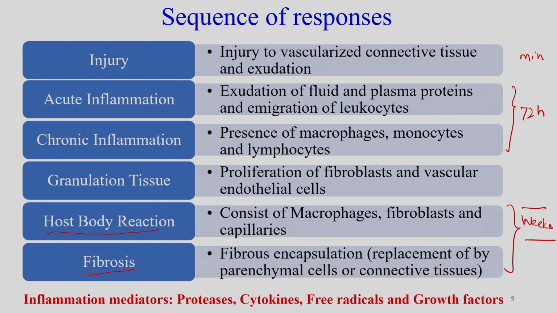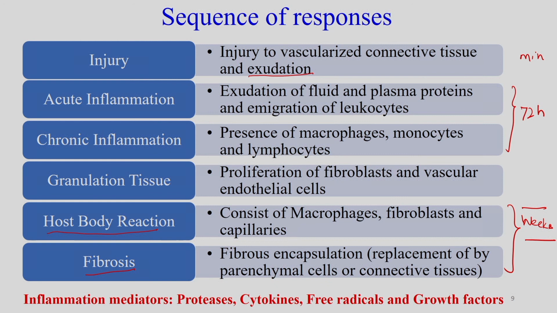So, during the injury, the vascularized connective tissue is damaged. Whenever there is damage, the blood proteins flow towards the damaged site, and that is the process of exudation.